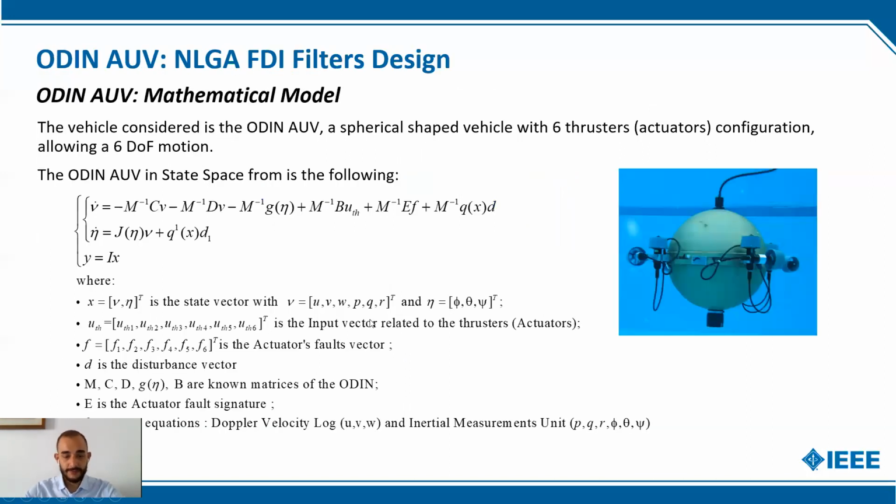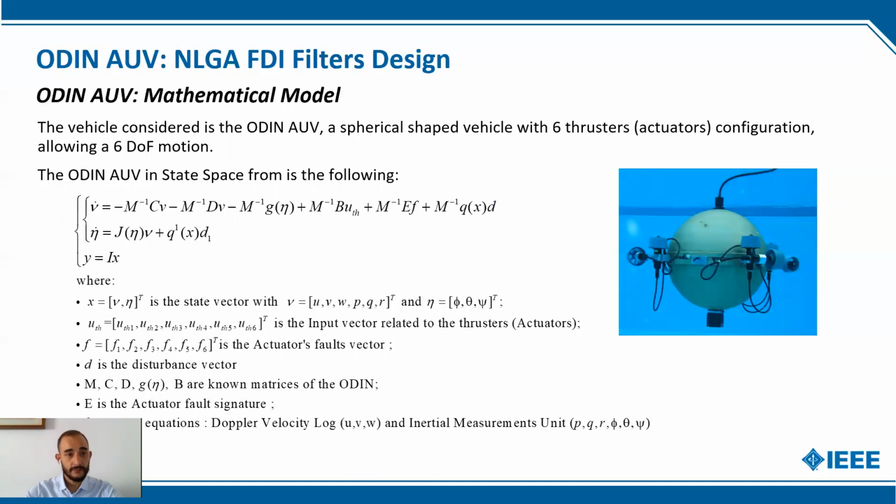In this research, the vehicle considered is the ODIN AUV, a spherical shaped vehicle with 6 thrusters configuration, allowing a 6 degree of freedom motion. You can see here the ODIN AUV model in a state space form.